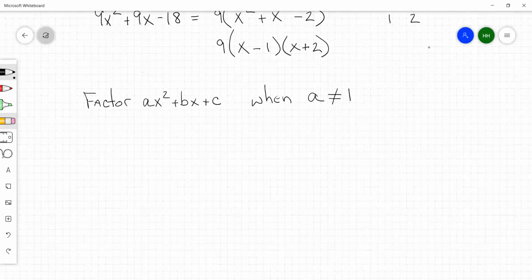This a value is not equal to 1 when we break this trinomial into two binomials. So here's what we're going to factor. We're going to start with 2x squared plus 11x plus 12.